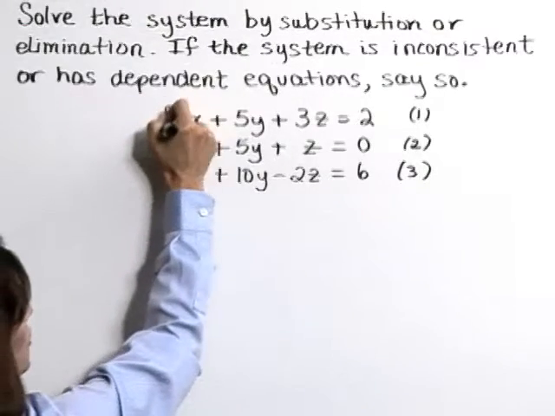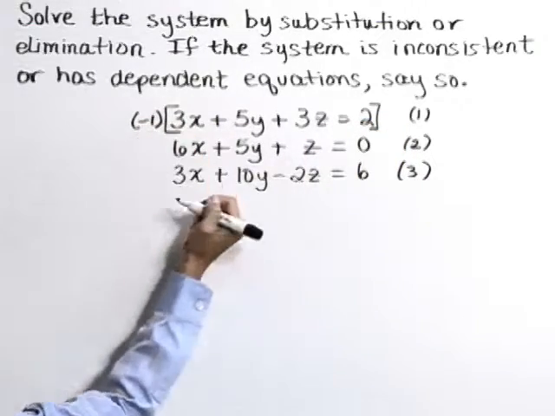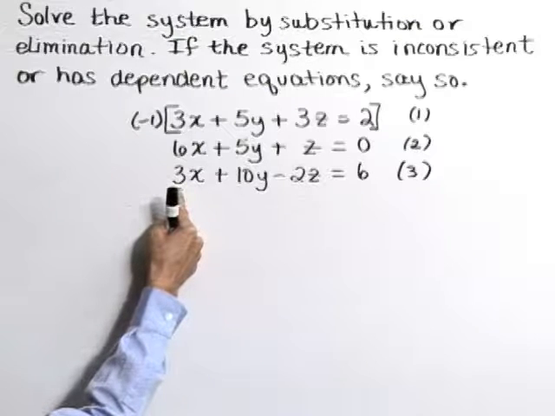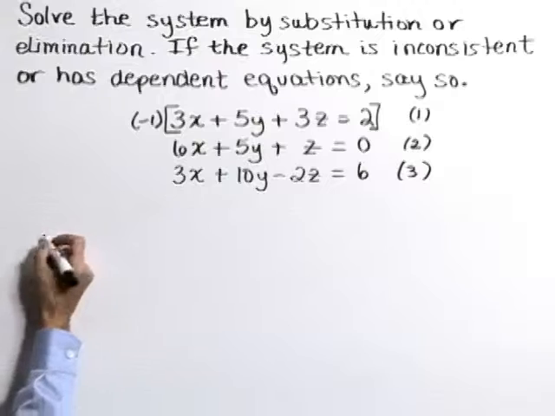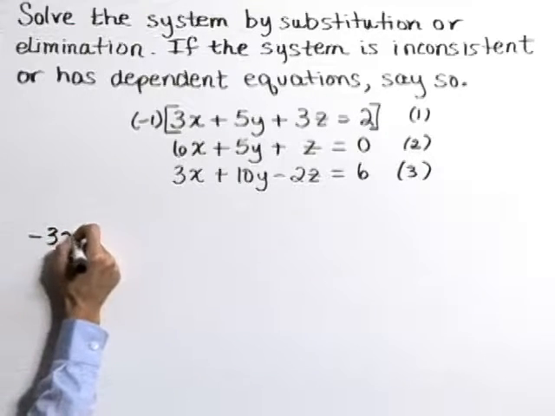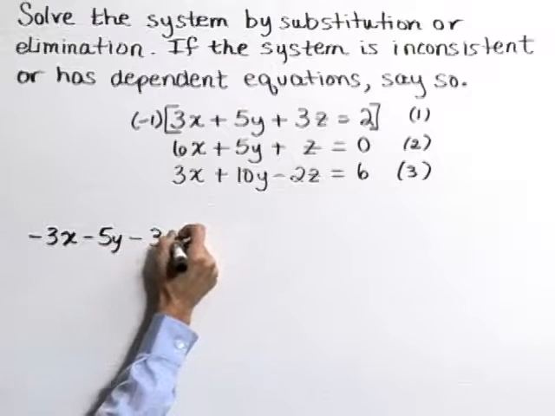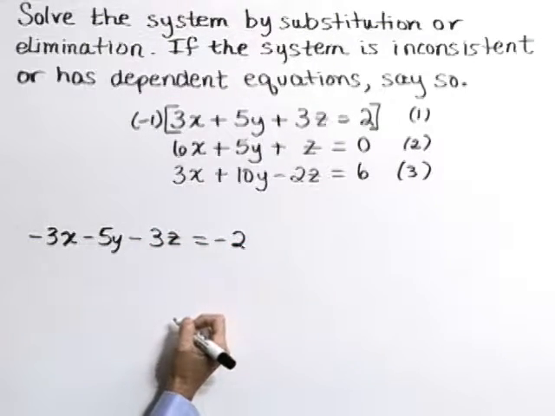I'm going to multiply equation 1 through by -1 so that we can create coefficients that are additive inverses. So equation 1 becomes -3x minus 5y minus 3z is equal to -2.